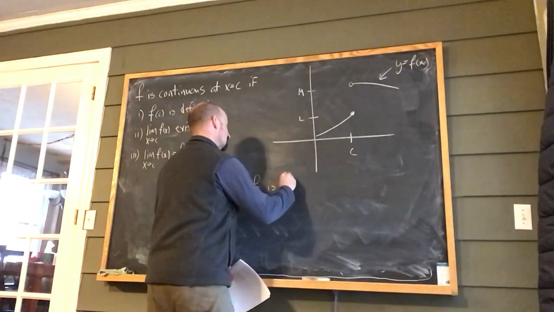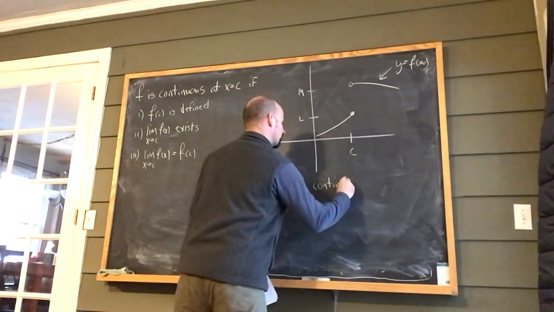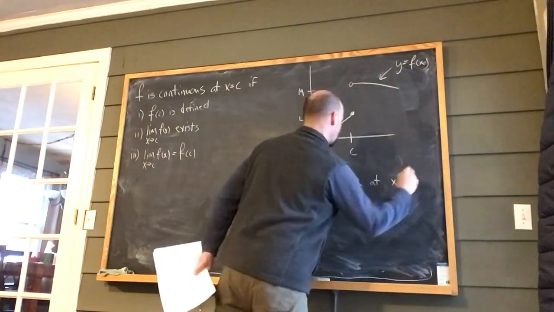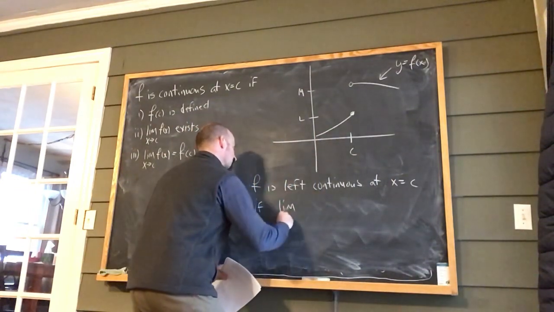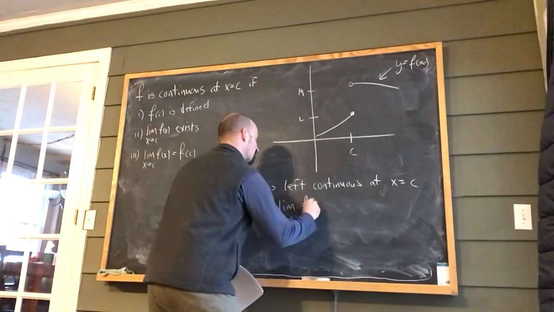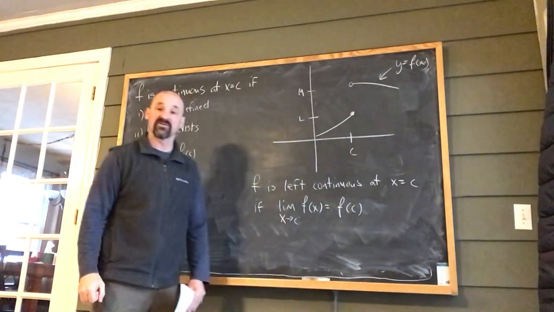F is left continuous at x equals c if the limit as x approaches c from the left is equal to the function value there.